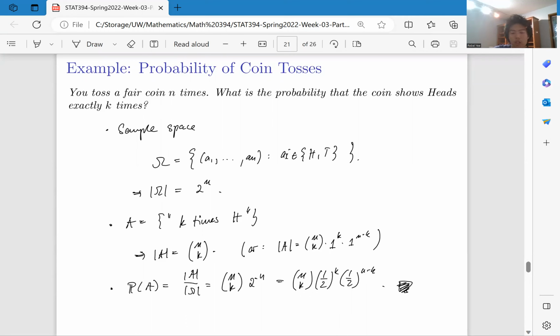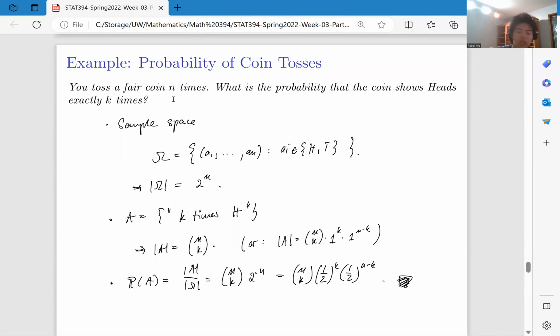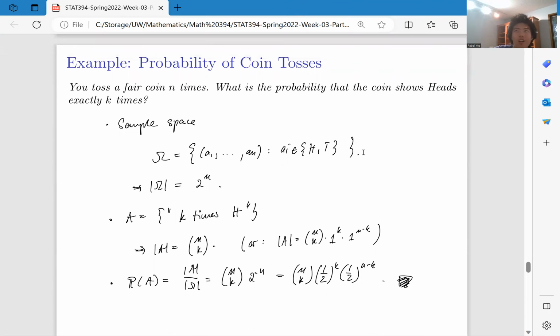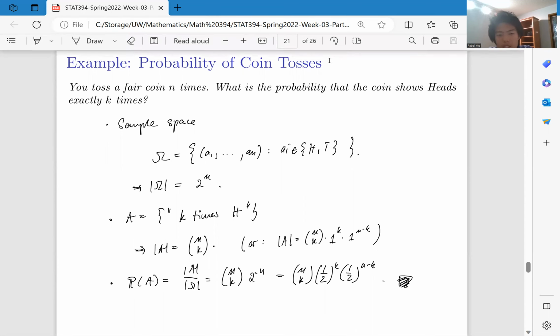Each a_i from here can only be H or T, which represent head or tail, because this is a fair coin problem. And so this is exactly the same as the ERN model 1. So we can use 2 to the power of n to represent that, because the size of the set it can choose from is 2 and there are n components in that set.